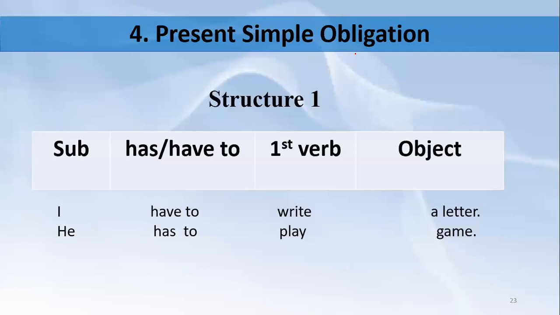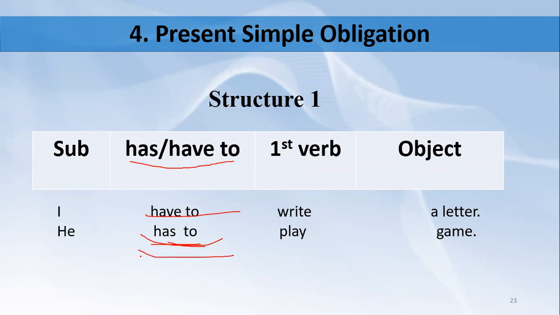Structure number one, which we use most frequently: have to or has to. Like, I have to work hard to be successful in the future. You have to be online to learn the present simple tense. He has to work hard. She has to work hard.